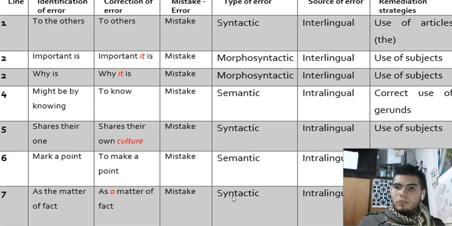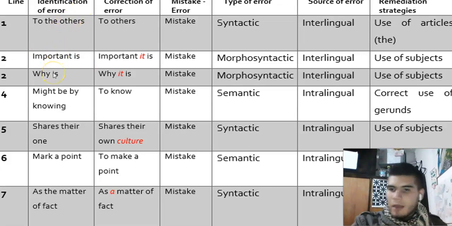Really, sometimes morphosyntactic. I have the tendency of omitting the subject in Spanish, because it works in Spanish, and it is an interlingual error. Because in Spanish we can say "cuán importante es" without saying the subject, but in English it's mandatory to say the subject, in "how important it is" here.